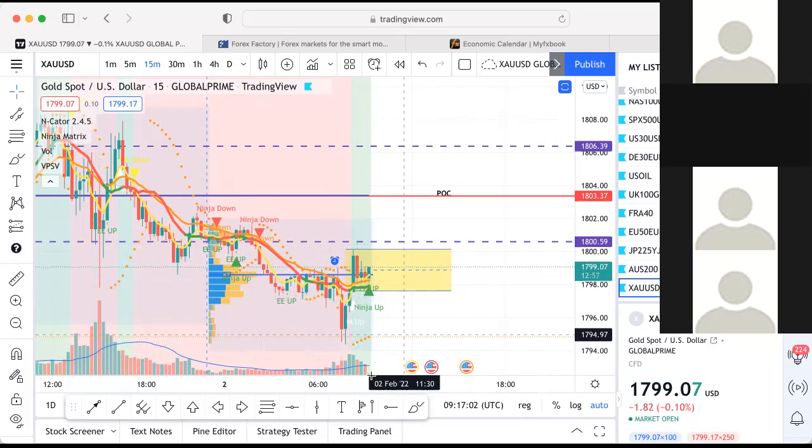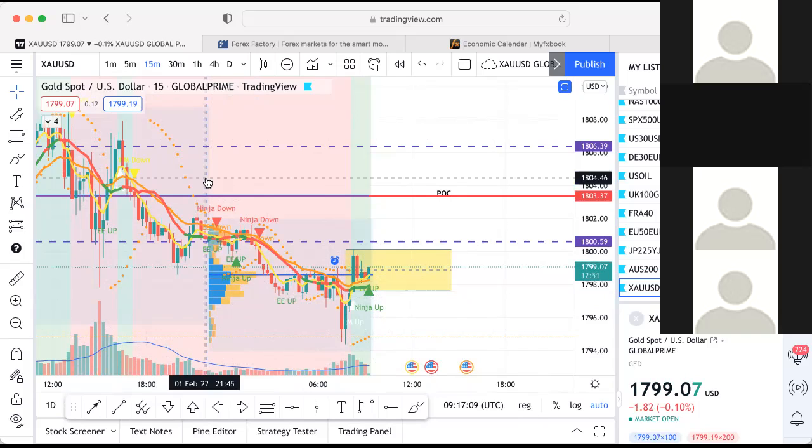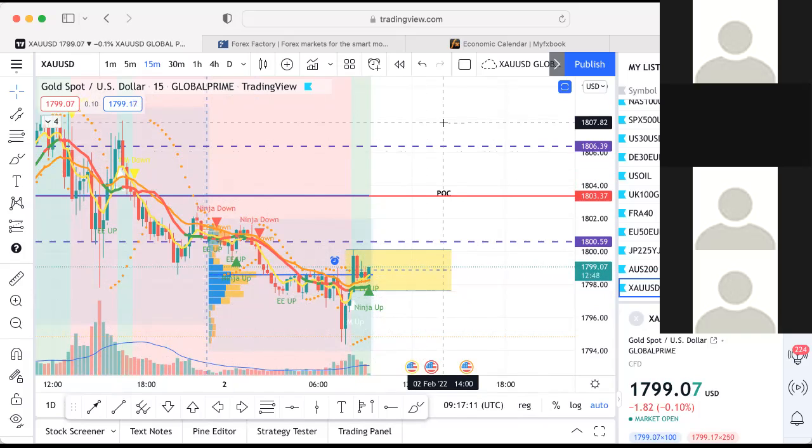I do use it, but I don't absolutely rely on it. It's just an indication of the level of volumes being placed. So the level of orders being placed, but it doesn't tell me what the orders are. It doesn't tell me if they're pending orders or market execution orders.